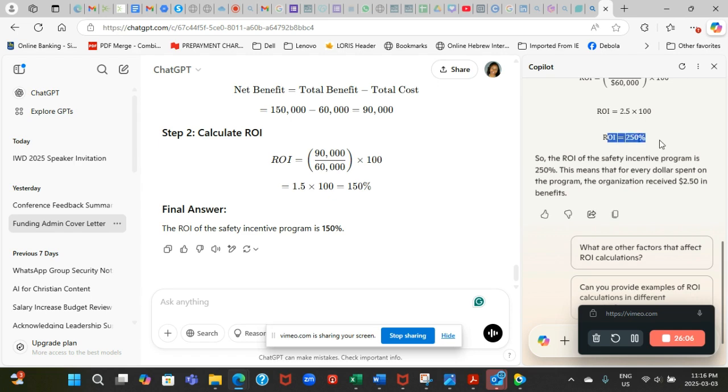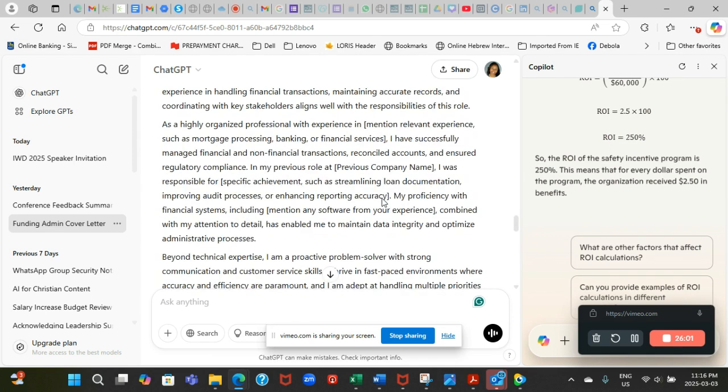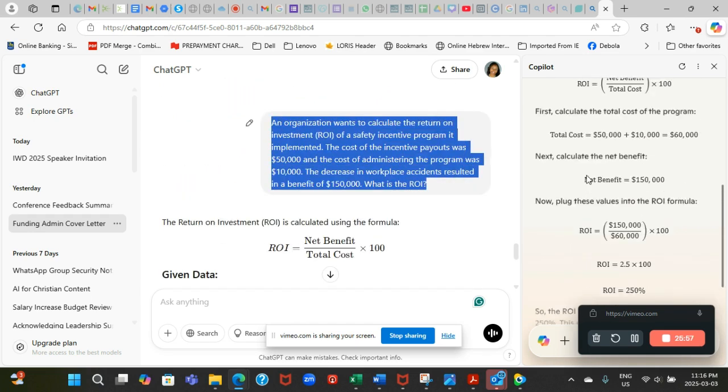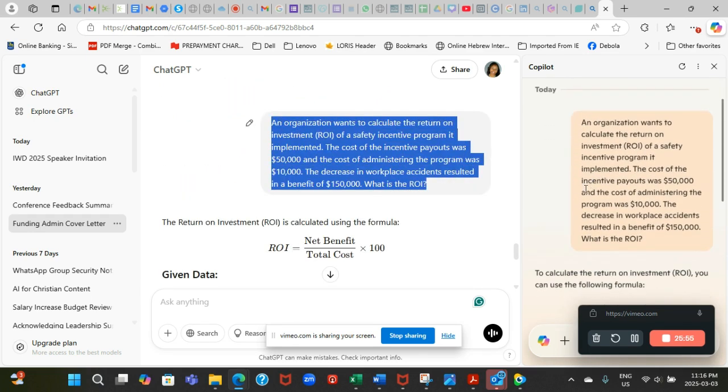So I have 250 here, and I have 150 on ChatGPT, and I have the exact same question. That's my question, no difference, but I got different answers. What do y'all think?